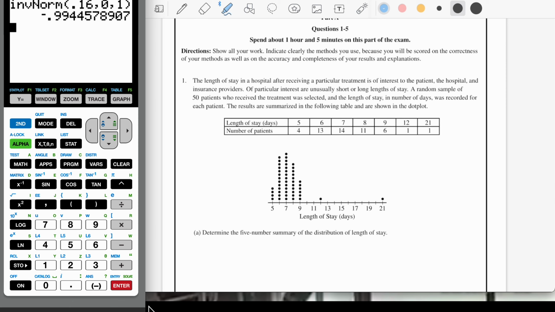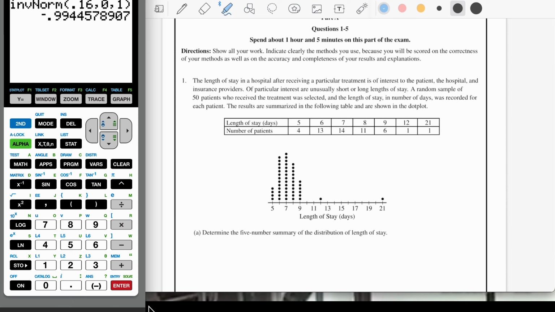So if you need to come up with a z-score corresponding with a particular area, you're going to want to draw a diagram, label it up nicely, explain what it is you're looking for, and explain what it is you're getting. You don't want to be in a position where you're just putting down numbers, because that's not going to get you anything. You'll get every question quote unquote right, but then walk away with like a 2 or at best a 3 on the exam, because you didn't do the method, not just the answer. You need to demonstrate knowledge of the method.